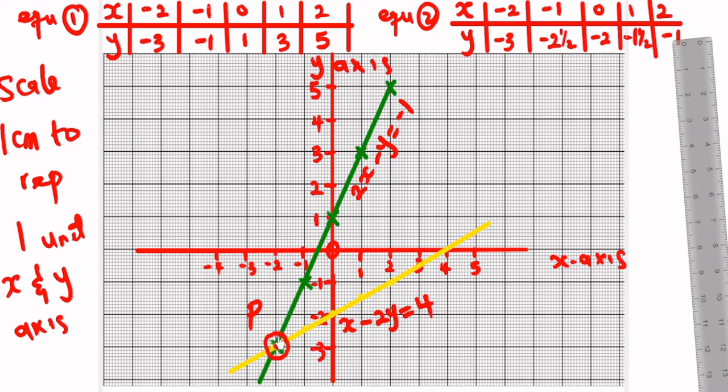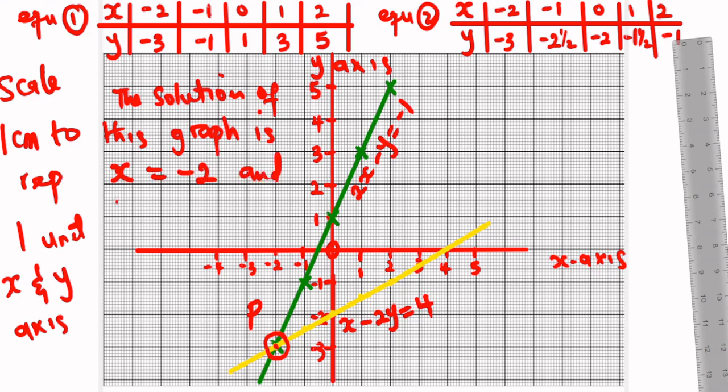So now, since we've been able to get this, and we'll call this our P, the solution of this graph is x equal to minus 2 and y equals to minus 3.